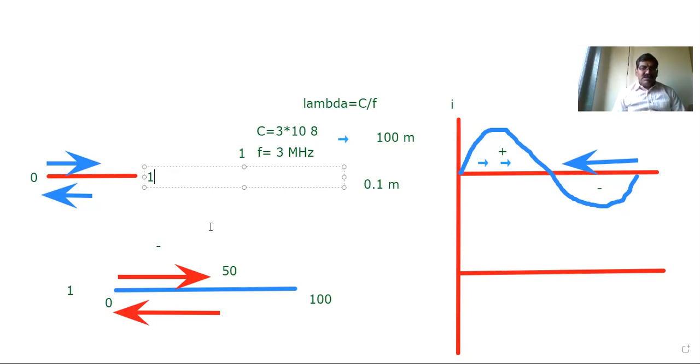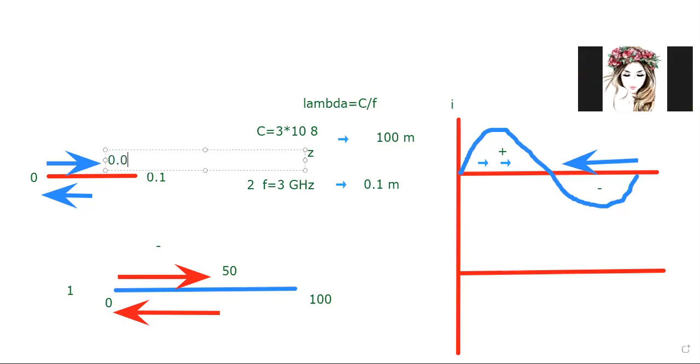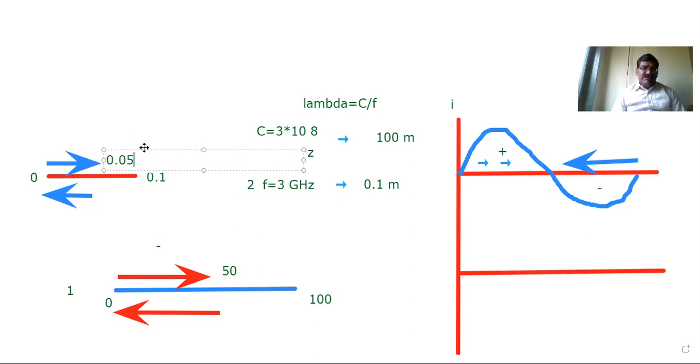Sorry, this is 0.1 only. Half of 0.1 divided by 2 is 0.05. So here half the distance it becomes 0.05, and here half the distance it becomes 0.05. So what happened for this second example? I'm talking about this second example.